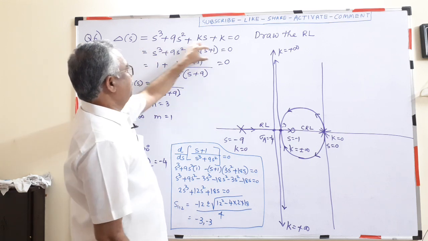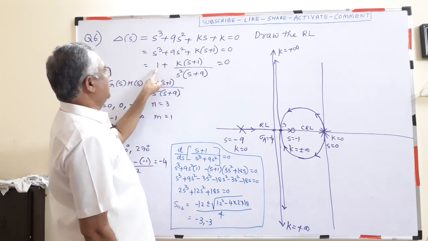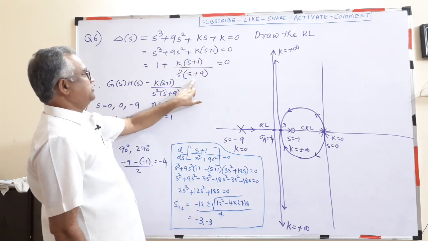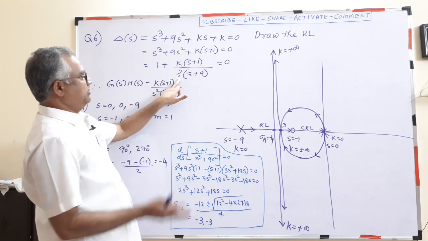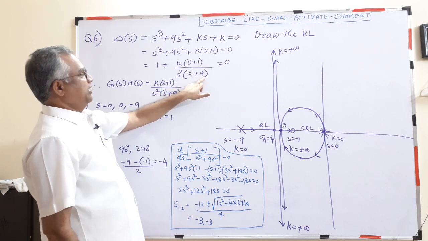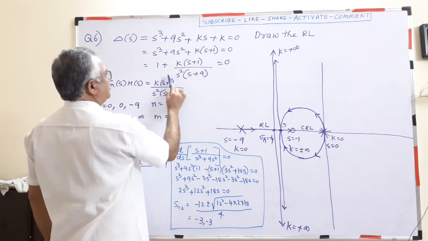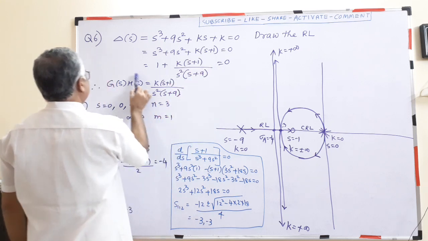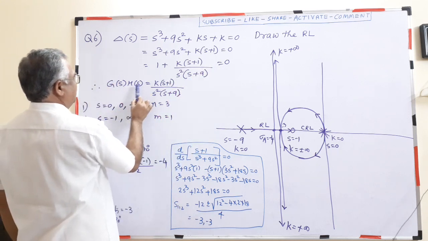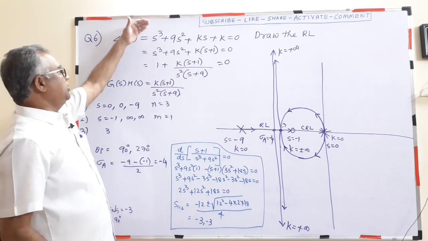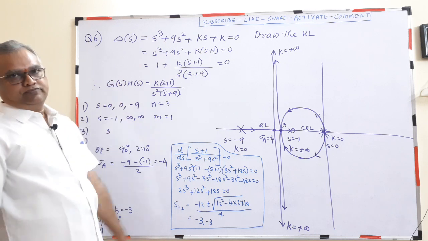If you divide everything by this, you will get 1 plus k(s plus 1) divided by s square taken common, (s plus 9) equal to 0. So 1 plus G(s)H(s) equal to 0. Therefore, G(s)H(s) is equal to this. So that polynomial you have to bring into this form.